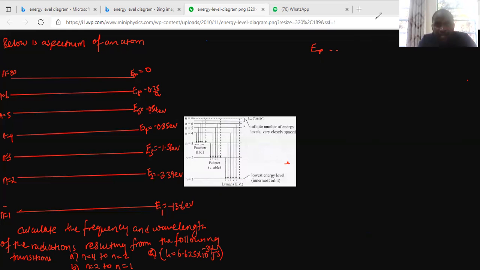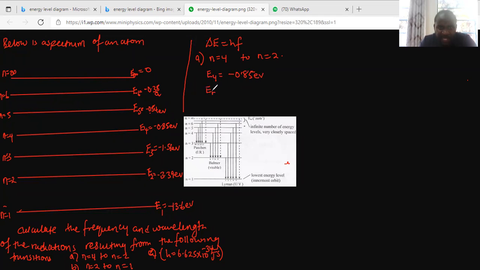Now, according to our question, we have seen the energy levels. And remember, electrons do not emit radiation once they're in orbit or in those energy levels. But when they make a transition, they emit radiation of energy, which is change in energy, equal to hf. Now, the first transition is from n equal to 4 to n equal to 2. When n is 4, the energy is negative 0.85 eV.